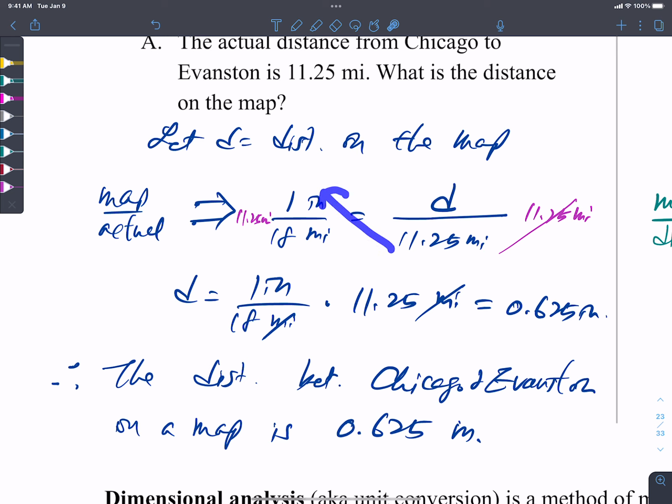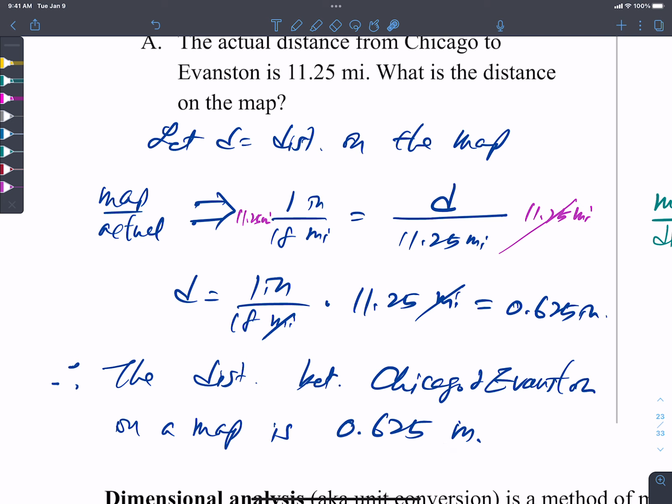But I only cross multiply the bottom part, because by doing so, you're left with the D. Well, either way, you're left with this times this value right there, 11.25. Put that on the calculator, you get 0.625 inches. Because it didn't ask you to round, it came exactly to 0.625. We leave it as it is. Okay? So the distance between Chicago and Evanston on a map drawing is 0.625 inches.